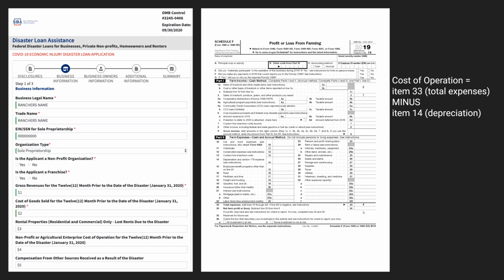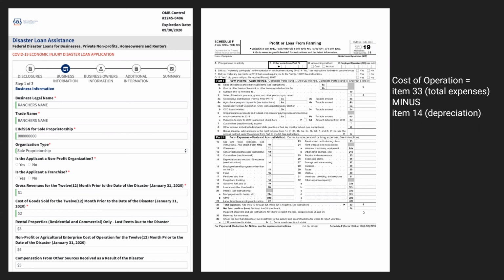Line number 33 on your Schedule F is where you would find a total expenses line item. In a recent webinar that we viewed with the Small Business Administration and the USDA Rural Development, it was brought to our attention that depreciation is something that is reported on the profit or loss from farming.